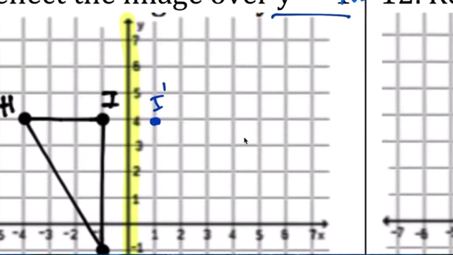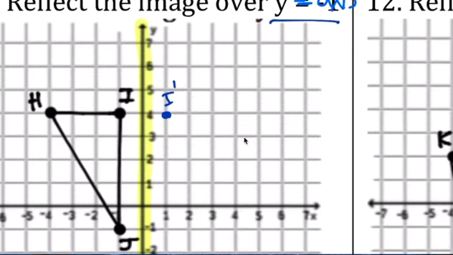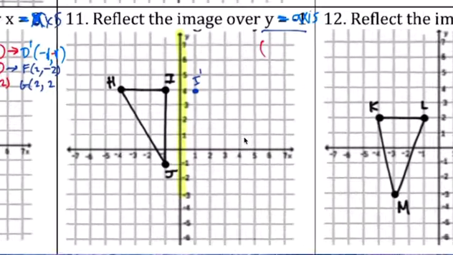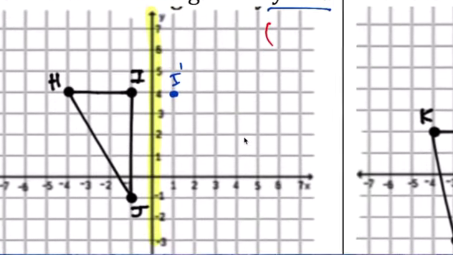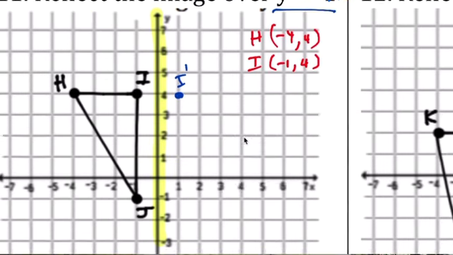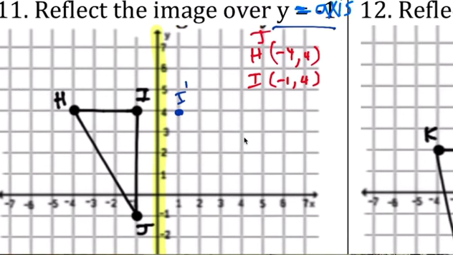Okay, let's look at its original. H is -4, 4. I is -1, 4. And J, I'll put it up here just in case. J is -1, -1.